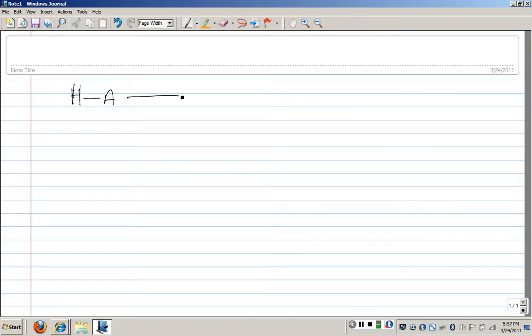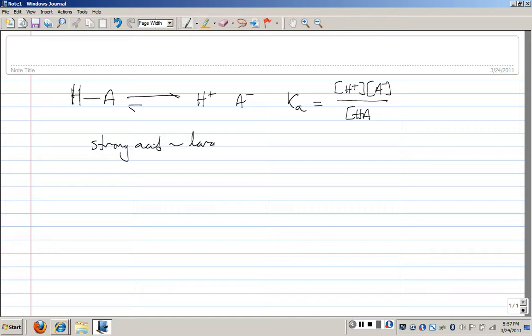So we said that a strong acid HA would ionize a lot to give rise to, of course, H plus and A minus, for which I can write an equilibrium constant, which is the concentration of H plus times the concentration of A minus over the concentration of HA, so that a strong acid would be associated with a large Ka value and also a small pKa value, because the pKa is the negative log to the base 10 of the Ka value.